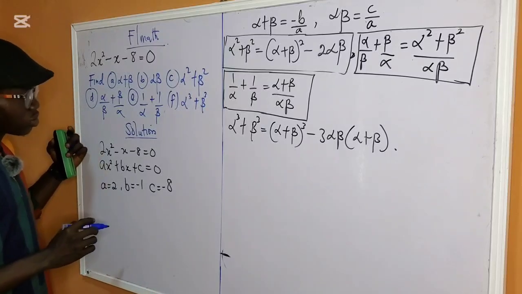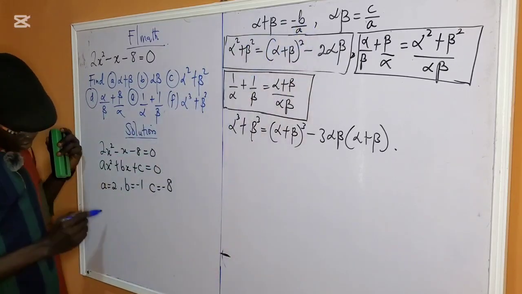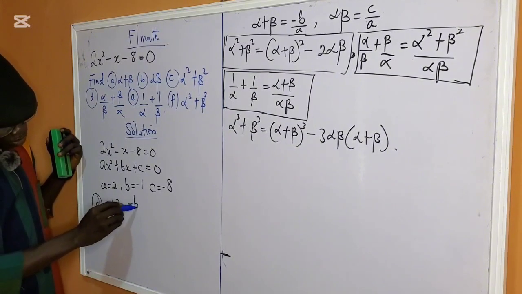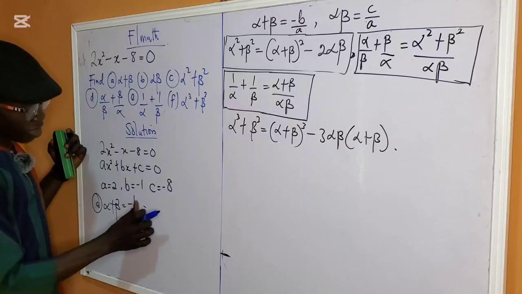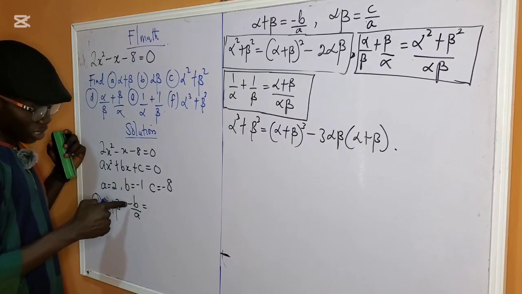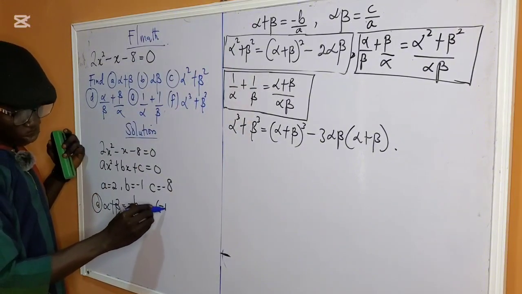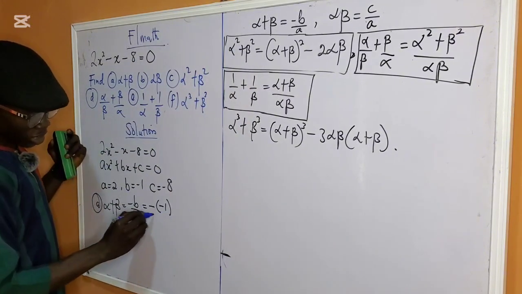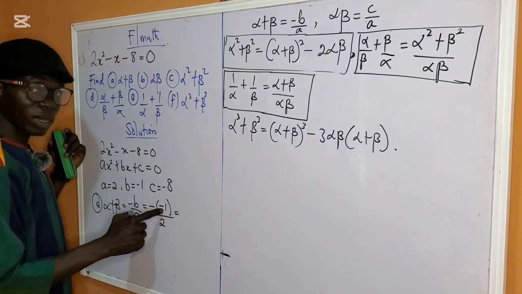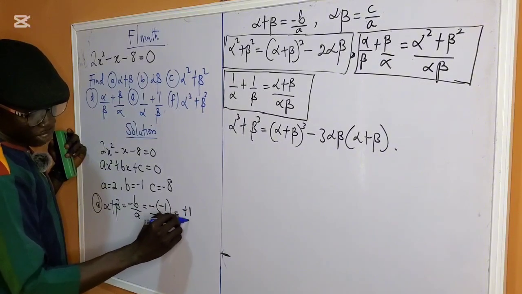So the next thing to do is to get alpha plus beta. And we know alpha plus beta is minus b over a. B is -1 itself. Then we have minus in the formula. So it's going to be minus, open bracket, -1, over a, which is 2. Minus multiplied by minus, that is +1 over 2.